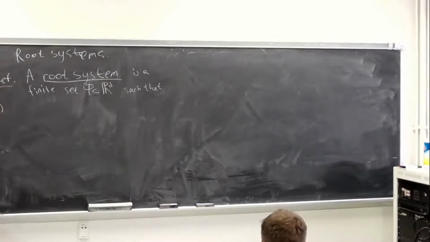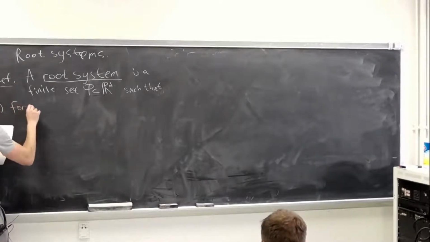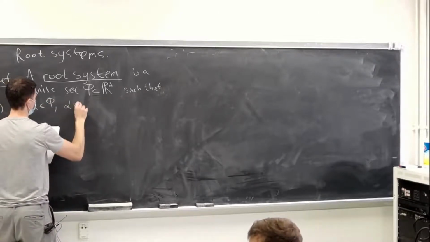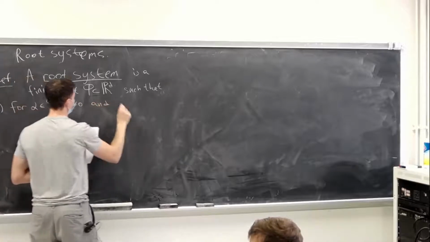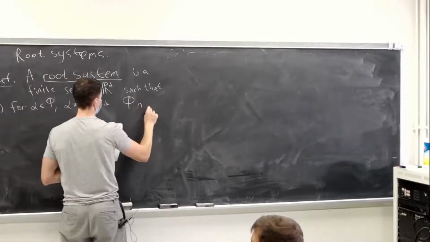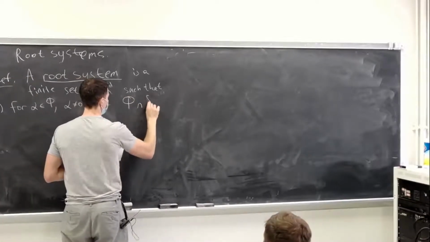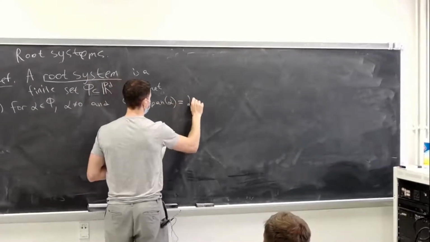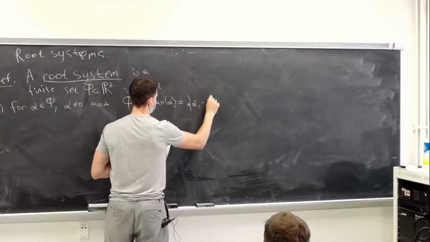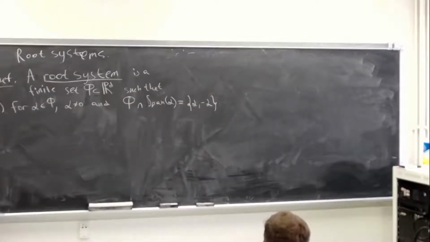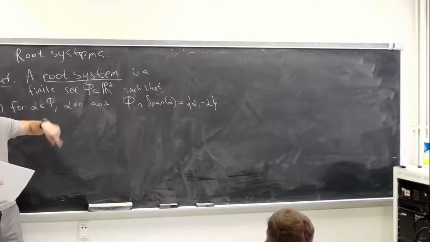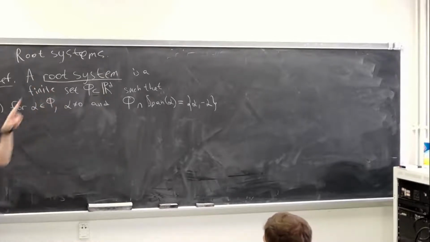The first one is that for each vector, first of all, it's non-zero, and the intersection of Φ with the line through alpha only consists of alpha and negative alpha. So for each vector, you have the opposite vector as well, and these are the only two on that line.